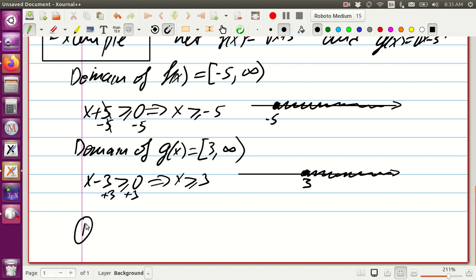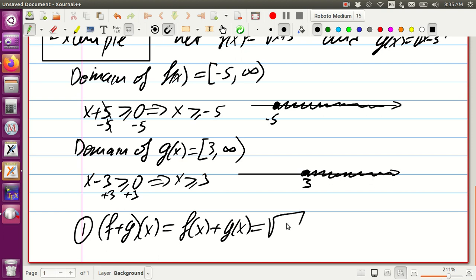So first thing we're going to do, we're going to take f plus g evaluated at x. We just use the rule first. So f of x plus g of x, so we have the square root of x plus 5 plus the square root of x minus 3.